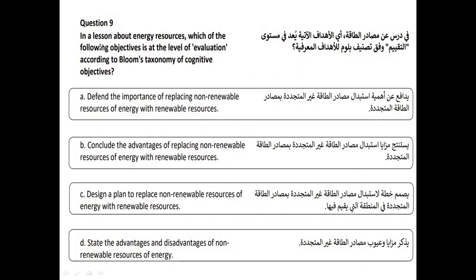It says, in the lesson about energy sources, which of the following objectives is at the level of evaluation? So make sure that you have a good command of Bloom's taxonomy and how you can practice it. You have to apply Bloom's taxonomy in your daily lesson plan.